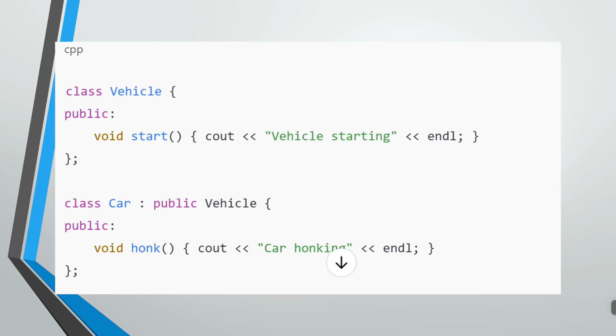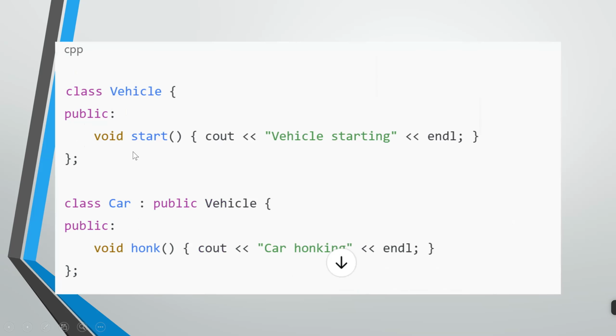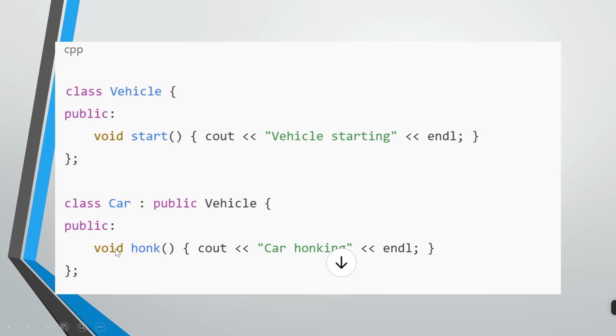So here, see, there are 2 classes. Vehicle is one class, car is another class. So I can define my car as of type car, wherein I can use the old one, start. That is what is called reusability because it's a base class. Honk is a new method. See, car, honk. Honk is a function defined inside a car.